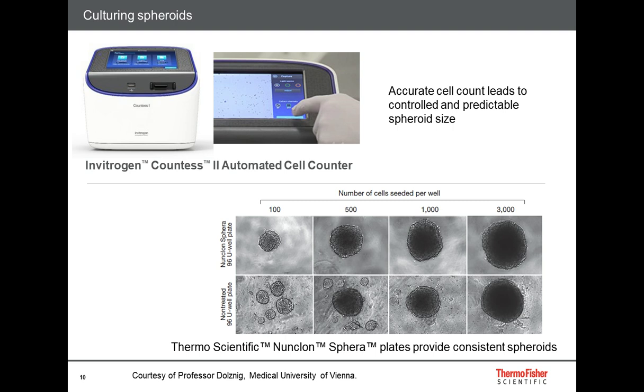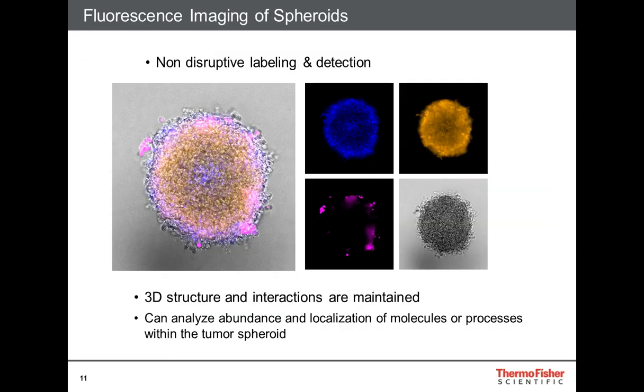Now, using a similar plate that's not treated as the Nucleon Sphera is, we see occasionally non-ideal formation of spheroids.